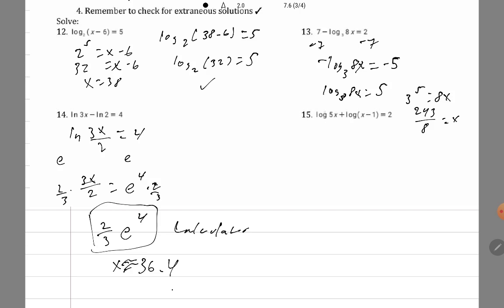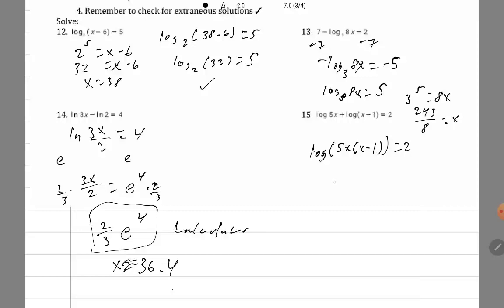Anyways, log base 10 of 5x, so log of 5x plus log of x minus 1 equals 2. So remember, if we're adding, that means multiplication. So log of 5x times x minus 1 equals 2. Okay.